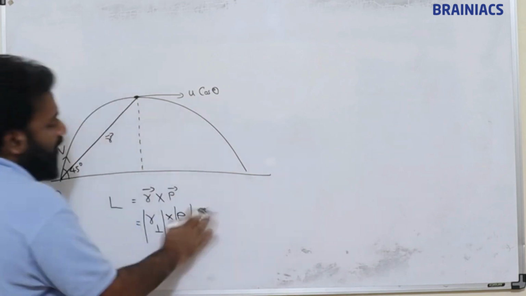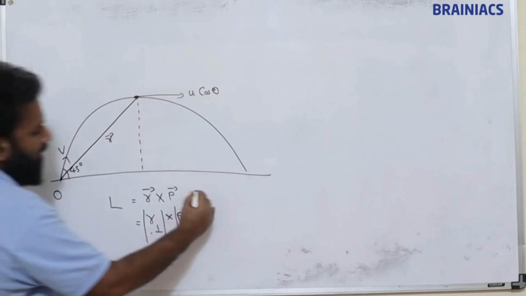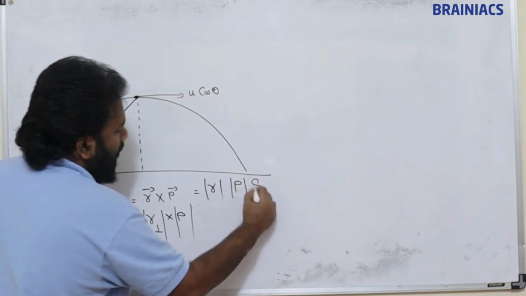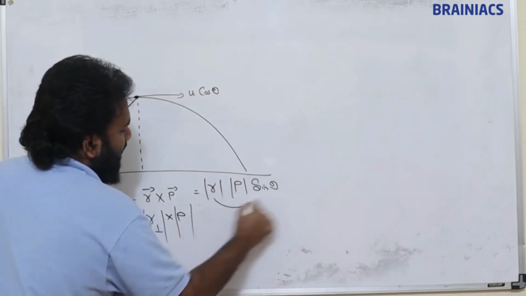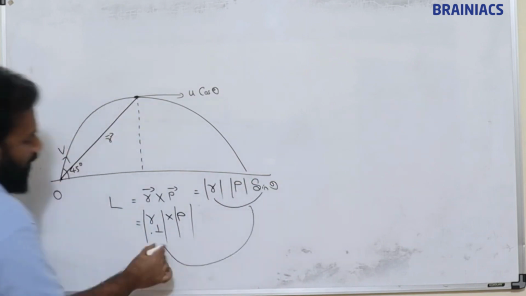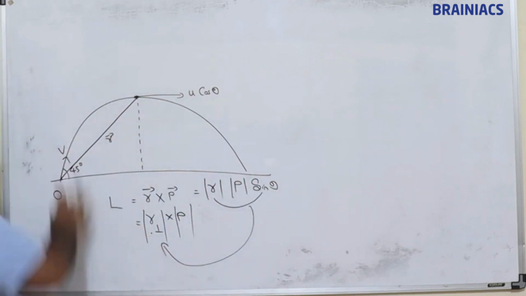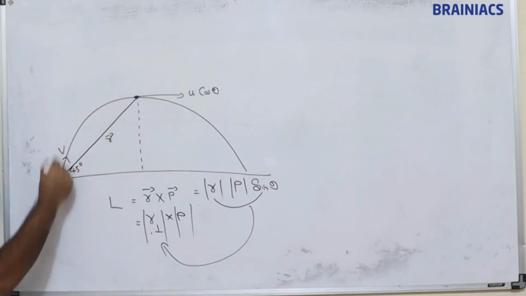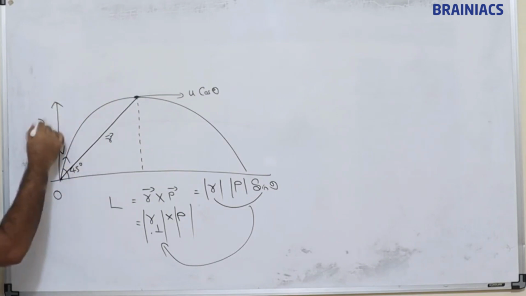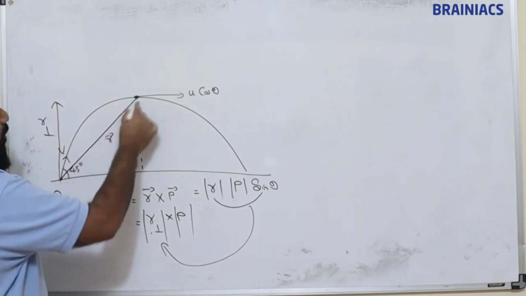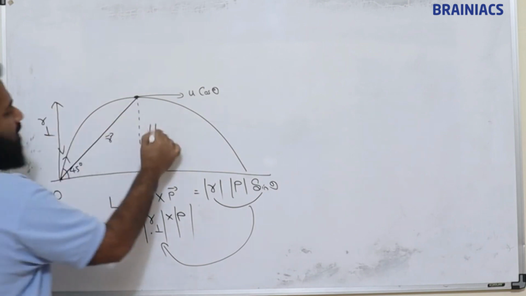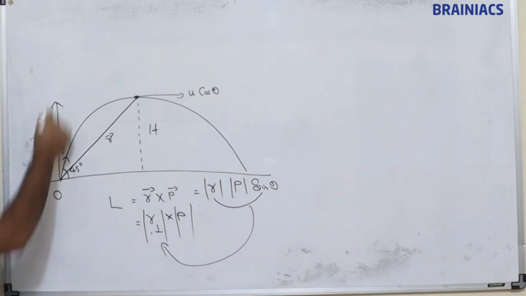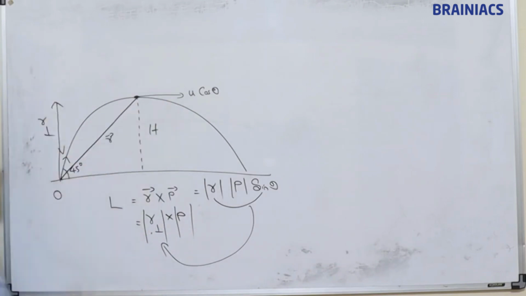Then sine theta we need not write because this contains sine theta. This is actually the magnitude of r into magnitude of p into sine theta. So r and sine theta, all of them put together give only this thing. What is this perpendicular distance? If this is the distance, its perpendicular component is the r perpendicular, which is the same as this maximum height. Whatever be this thing, this is same as the maximum height.